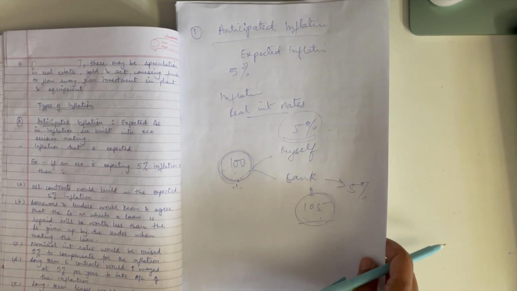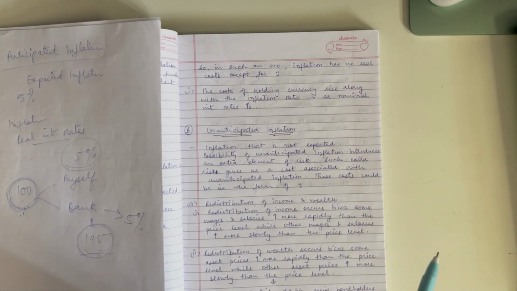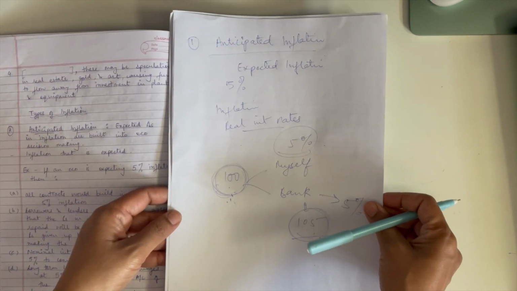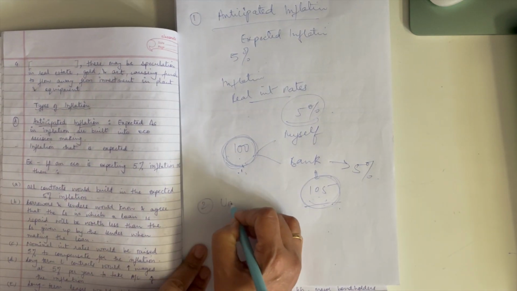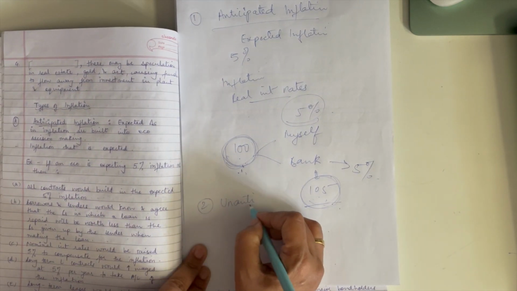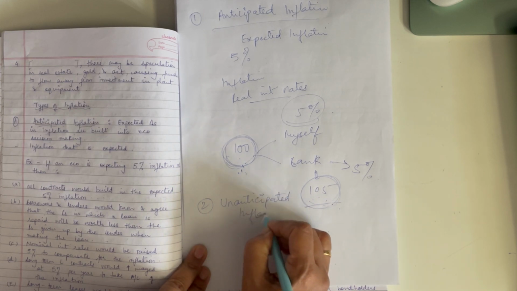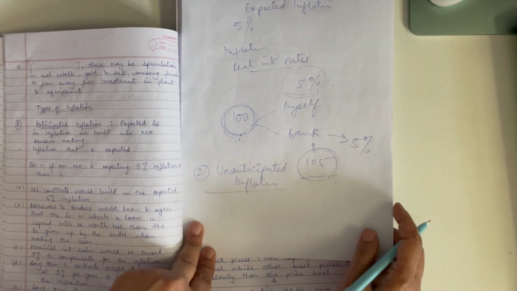All right. So moving forward, I'll come to the second type of inflation, which is unanticipated inflation. The first one was anticipated inflation, and the second one is unanticipated inflation.